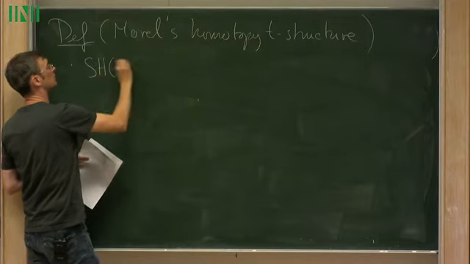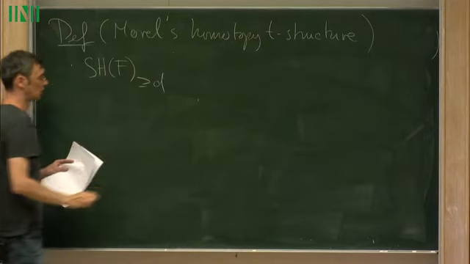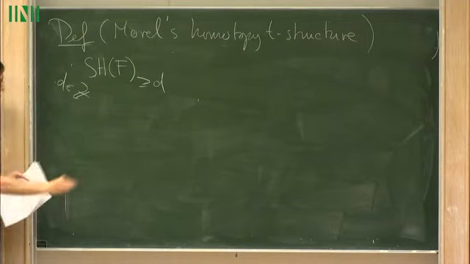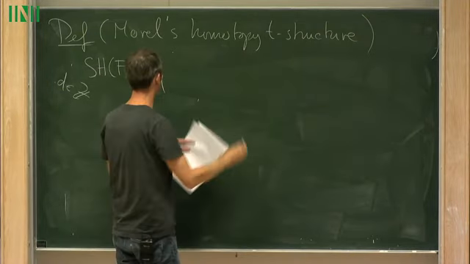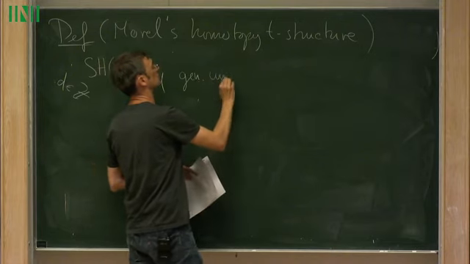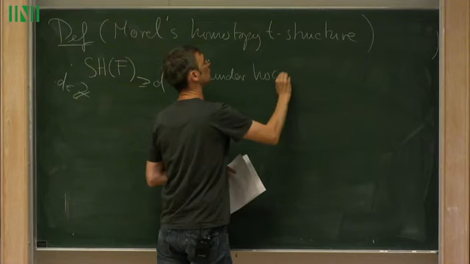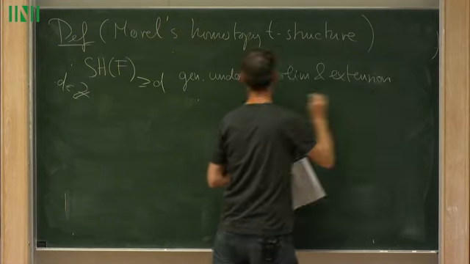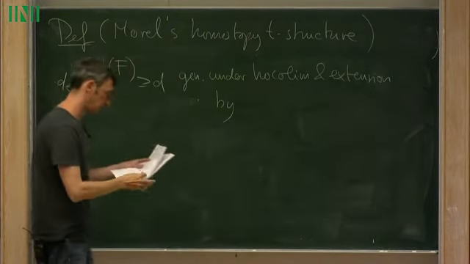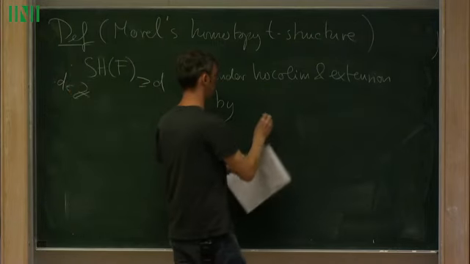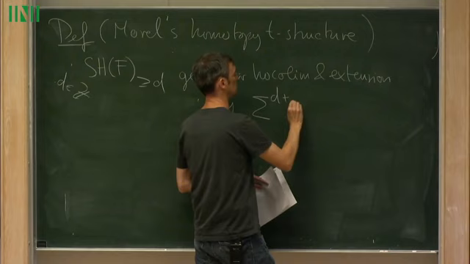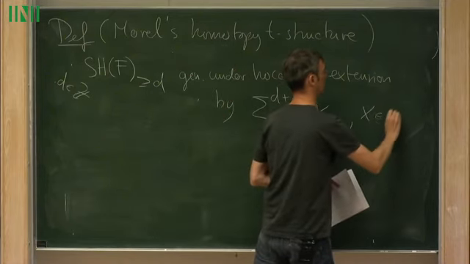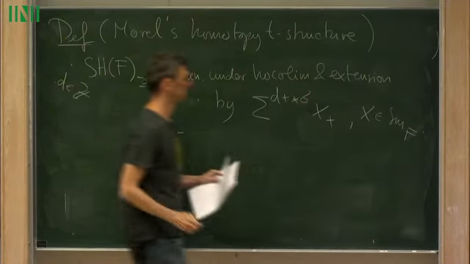You take the stable motivic homotopy category and look at the d-connective motivic spectra, where d is an integer, and this is generated under homotopy colimits and extensions by the following suspension spectra: d plus star, sigma infinity x plus, where x is a smooth F-variety.